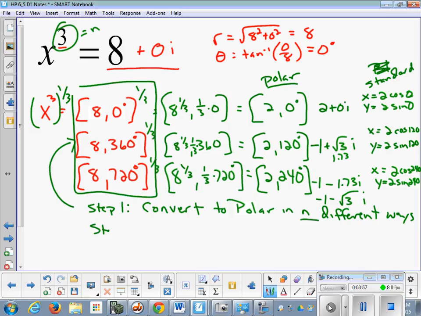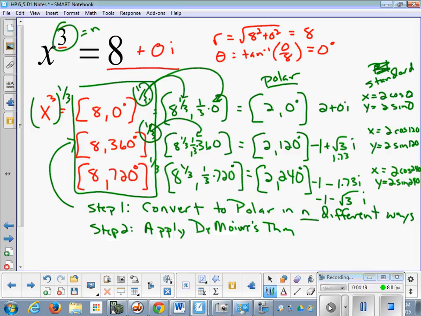Step 2, apply de Moivre's theorem. De Moivre's theorem lets us move this 1/3 into the problem by making it 8 to the 1/3 and 1/3 times 0. Here we did that 3 times, and here we did it again 3 times.